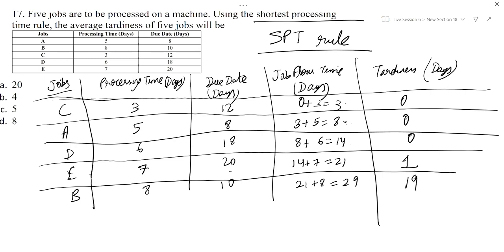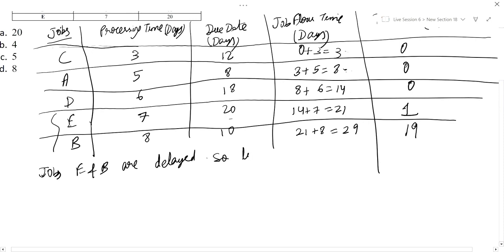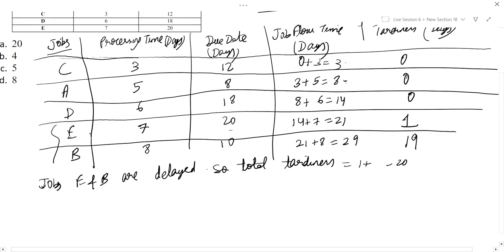Now here in this question we see that jobs E and B are delayed, so total tardiness is equal to 1 plus 19 is equal to 20.